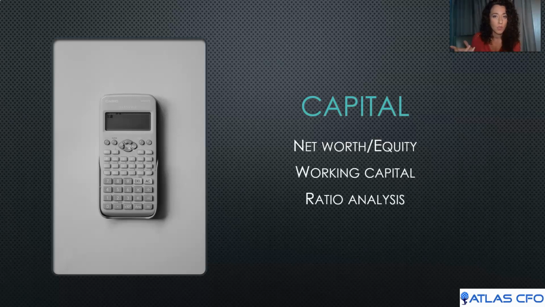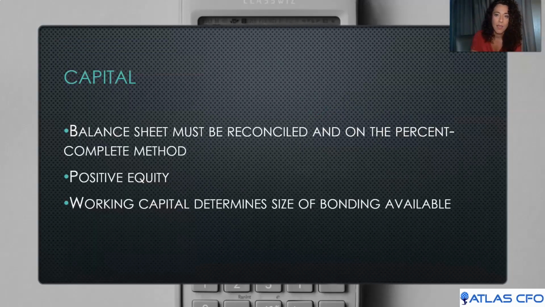Working capital is also a critical one to determine your bonding program. And then there are multiple different ways that they look at ratio analysis. So under the heading of capital, most of the time it deals with one of these 3 major items that can be found on your balance sheet.